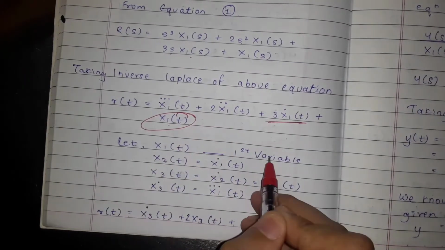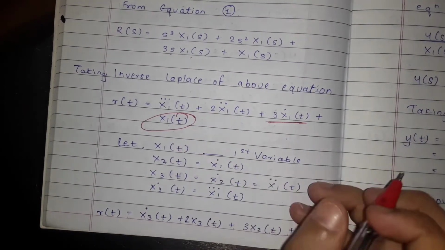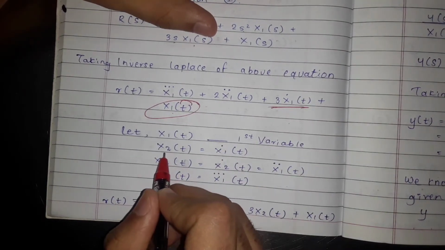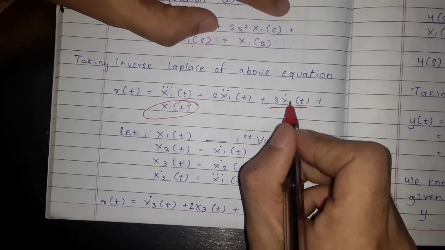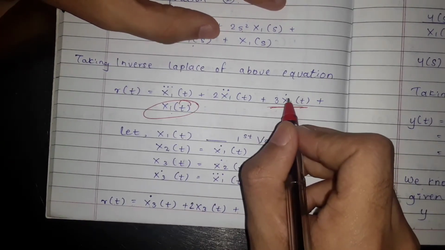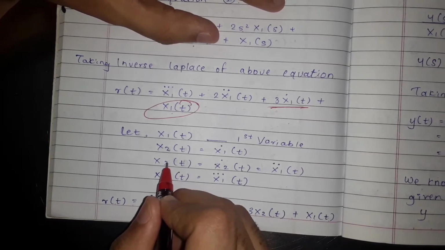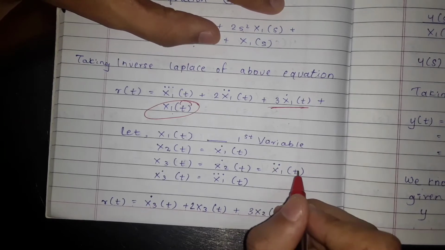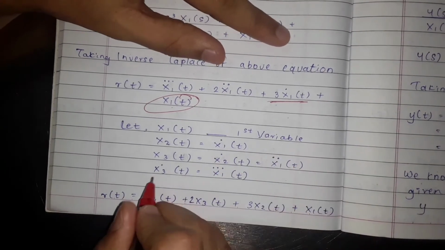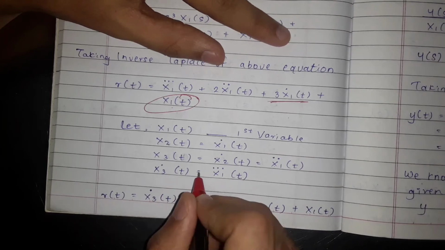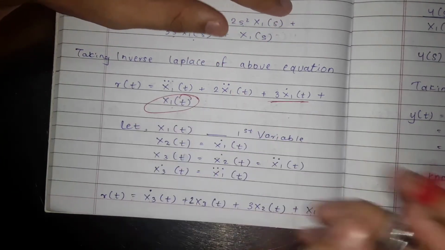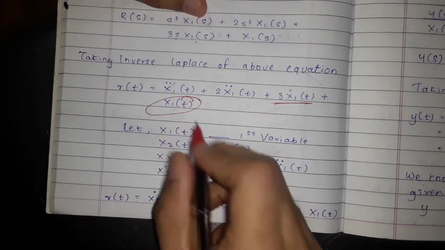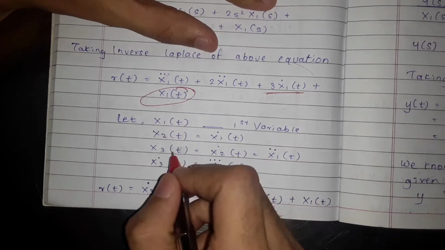Let's consider x1(t) as our first variable. We can see that the second variable can be considered x1 single differentiation. The third variable can be taken as x1 double differentiation of t, and x3 differentiation is equal to x1 triple differentiation. So let's write this term in variables form.